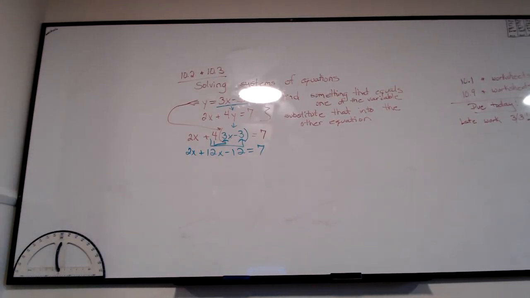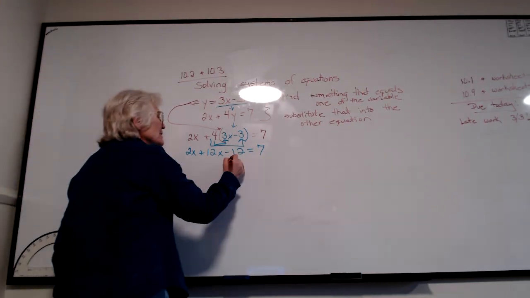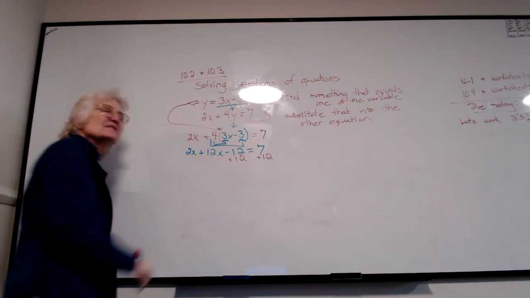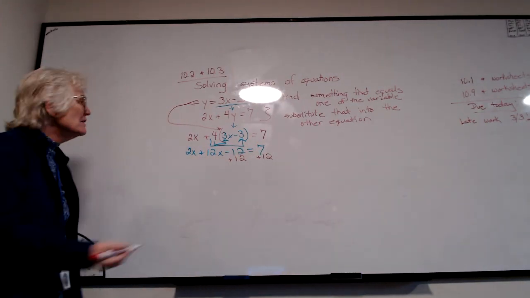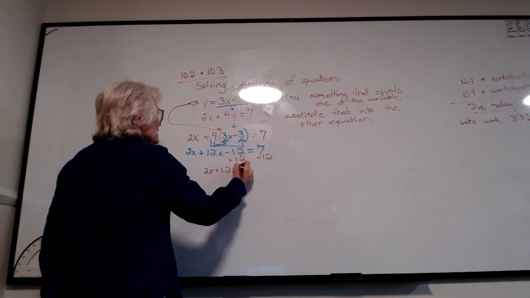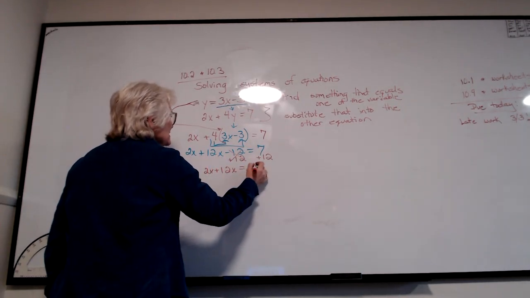What should I do next, Mason? -12 minus. Well, you would actually have to add 12. That's correct. We have to add 12 on both sides, because we want to get rid of the 12 there. So I've got 2x plus 12x equals 19.